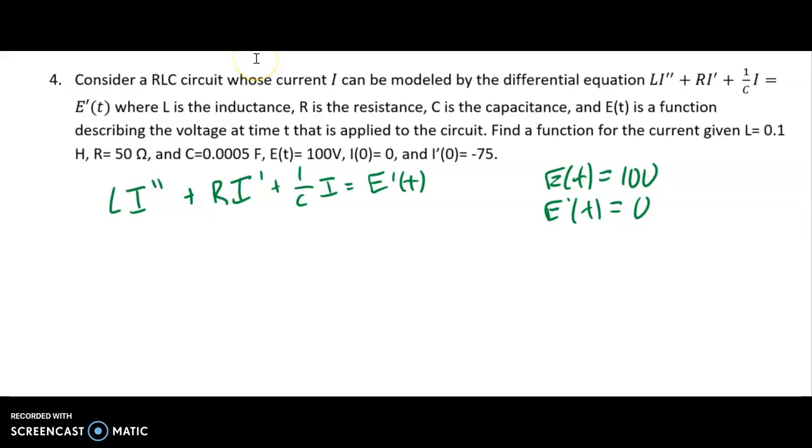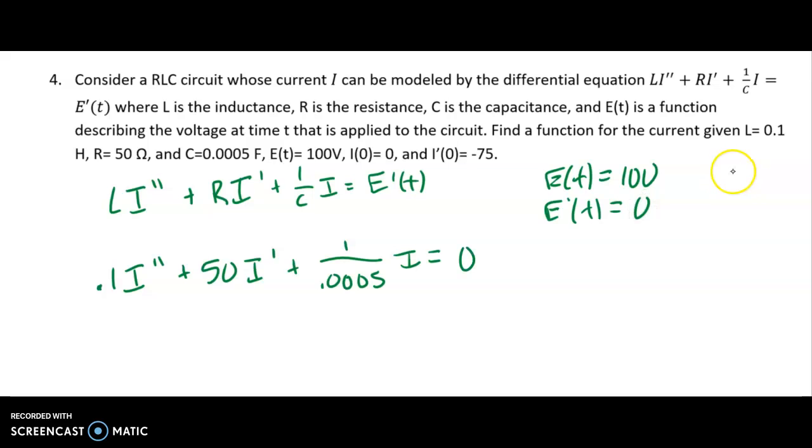All right, so let's go ahead and see what we have here. We have L, which is 0.01, so that gives me 0.1 I double prime plus, all right, R is 50, I prime, plus 1 over C. So I got 1 over 0.0005 I is equal to E prime of T. That right here is 0.